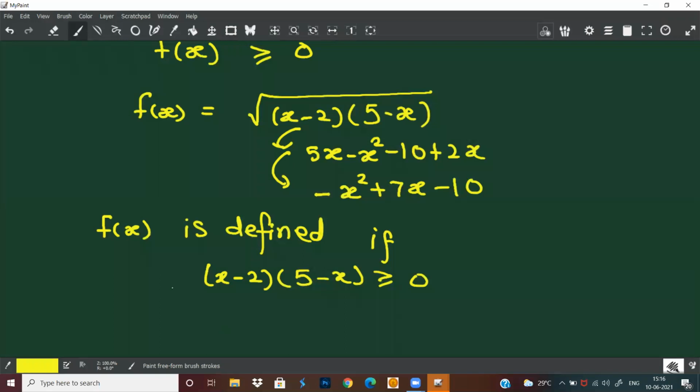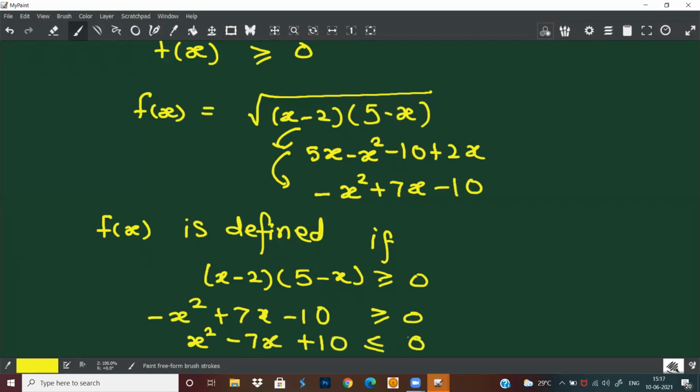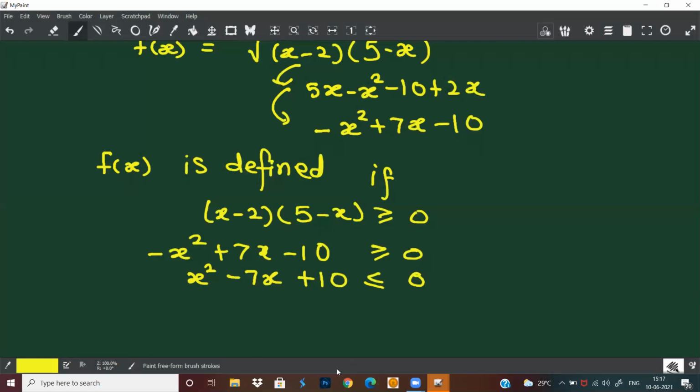So the answer is minus x square plus 7x minus 10 greater than or equal to 0. So multiply throughout by the minus sign. So x square minus 7x plus 10. When I multiply by a negative sign, the middle sign will change.